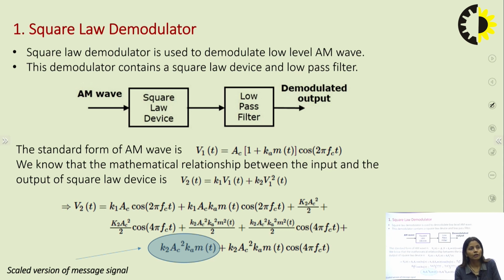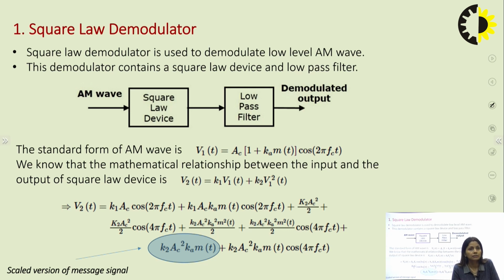The first block is the square law device, and then we will put one low pass filter. Why low pass filter? Because at the transmitter we applied one band pass filter. Now here I have to extract the very low frequency component, which was originally my message signal.